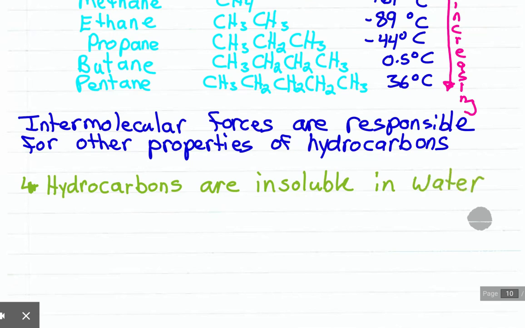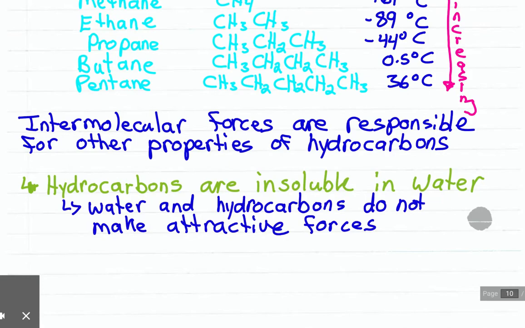This is because their intermolecular forces are different. So our water and hydrocarbons do not make attractive forces. Okay, they're not attracted to one another because they're not the same. So things with similar properties and attractive forces can mix together, but things with different attractive forces will not always mix together.